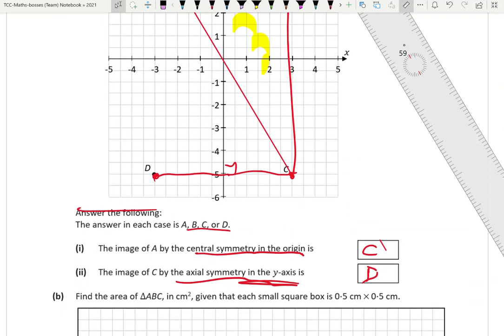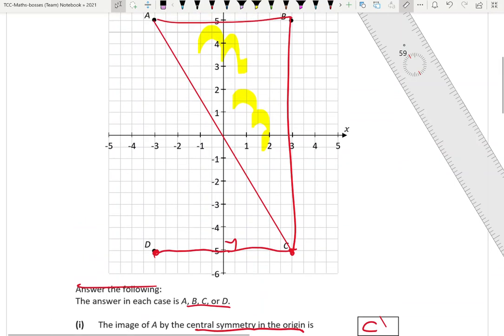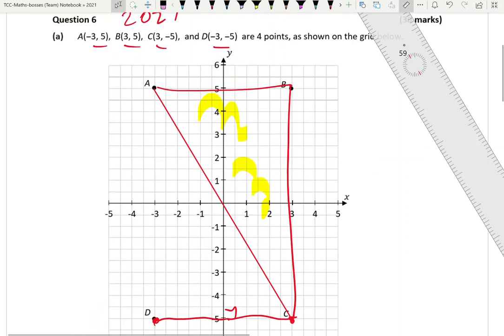Given that each small square box is 0.5 by 0.5, half by half, we have to find out how many boxes we have. We could do it by counting, or another strategy would be to notice that we're not going to use the boxes. There's a much quicker way of doing it.